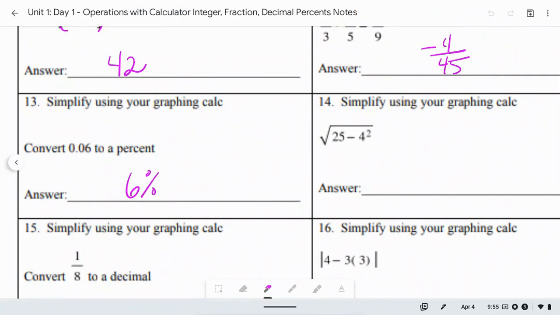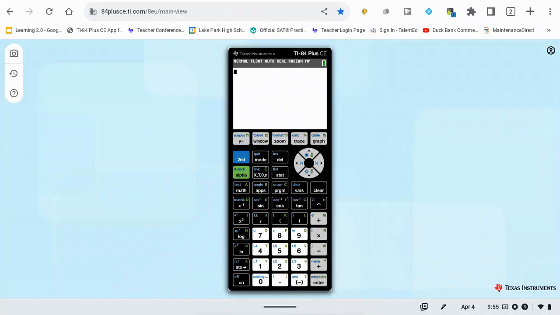In number 14, let's practice using an exponent button and then the square root button. So again, go back to your graphing calculator, and then to get a square root button, you have to hit the blue second button and then the x squared button, which is about 1, 2, 3 buttons below alpha.